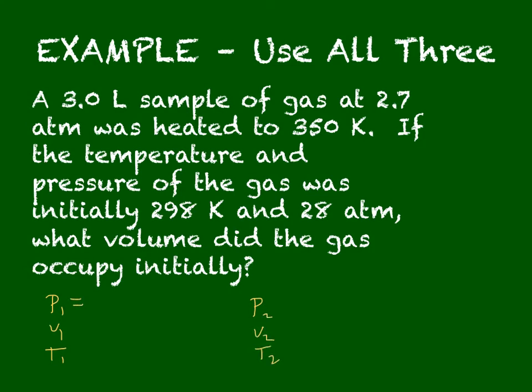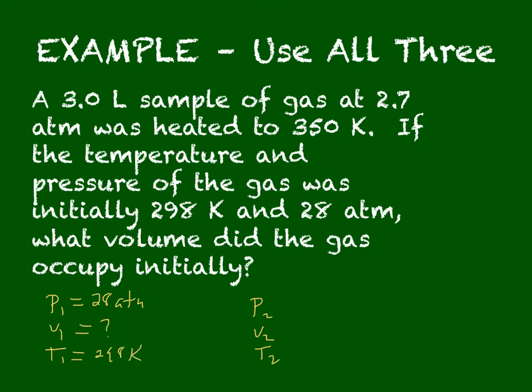So a 3.0 liter sample of gas at 2.7 atmospheres was heated to 350 Kelvin. If the temperature and pressure of the gas was initially 298 Kelvin and 28 atmospheres, what volume did it occupy initially?